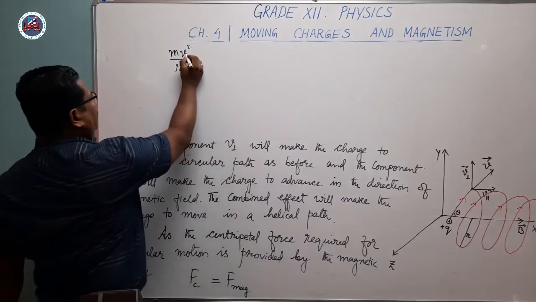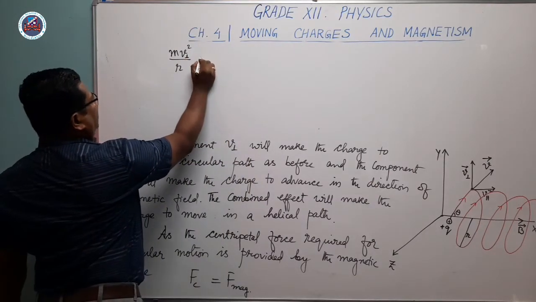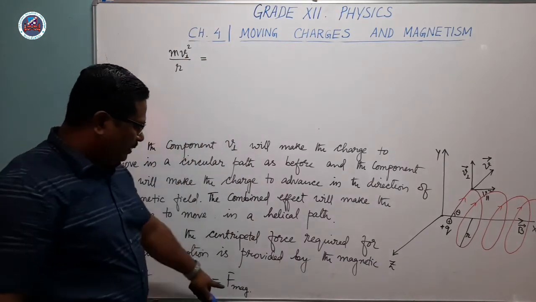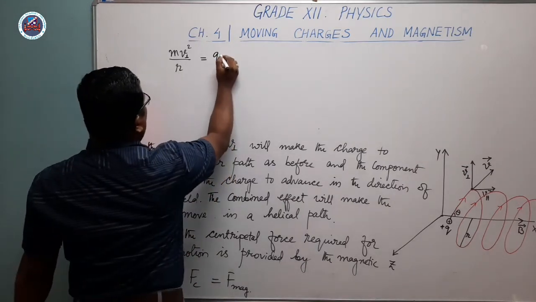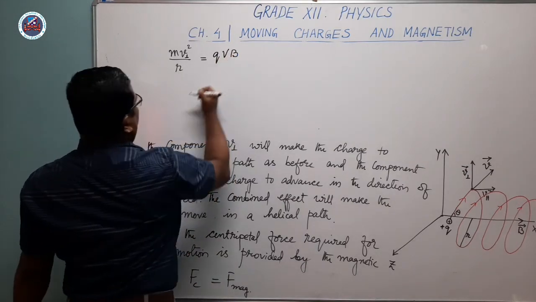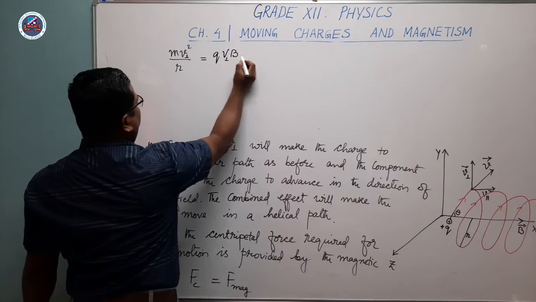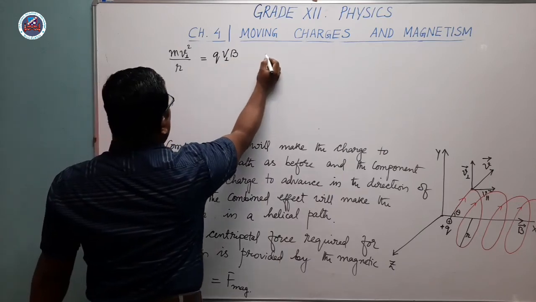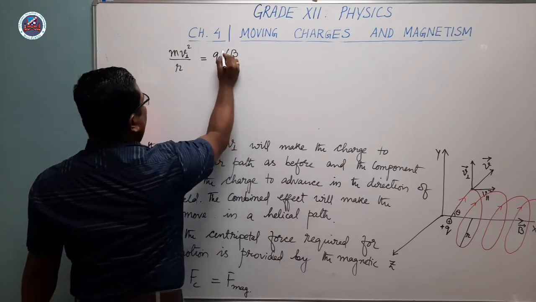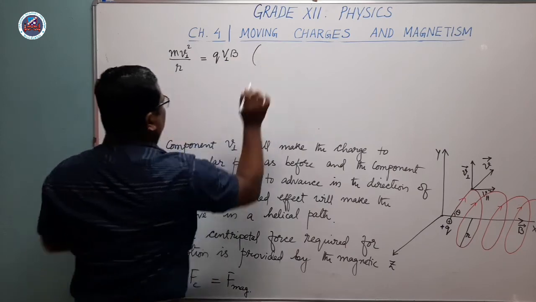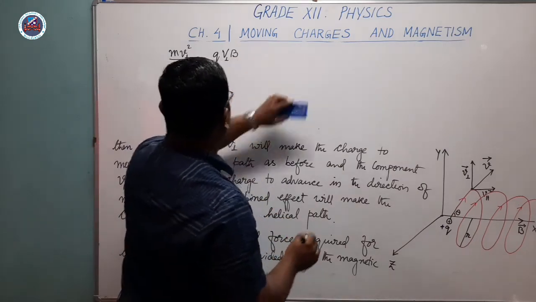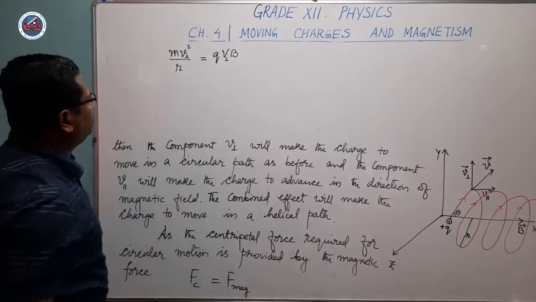The perpendicular component, and that is equal to the magnetic force, that is qvB. Here also v is perpendicular, that's why sine 90 degrees is equal to 1. It's not necessary to write this now, you already know for the perpendicular component.